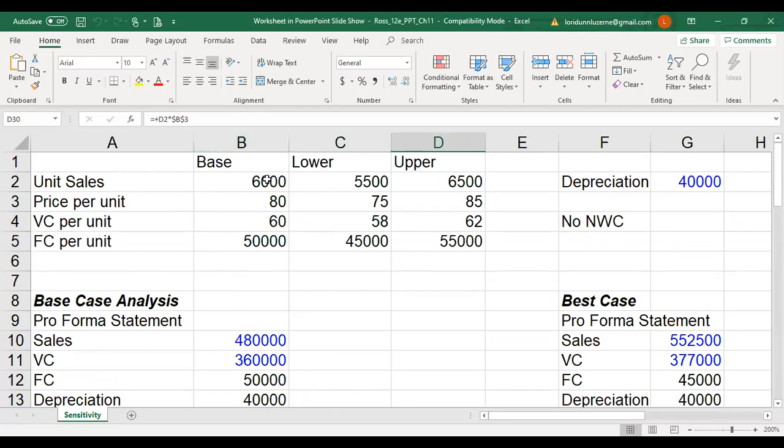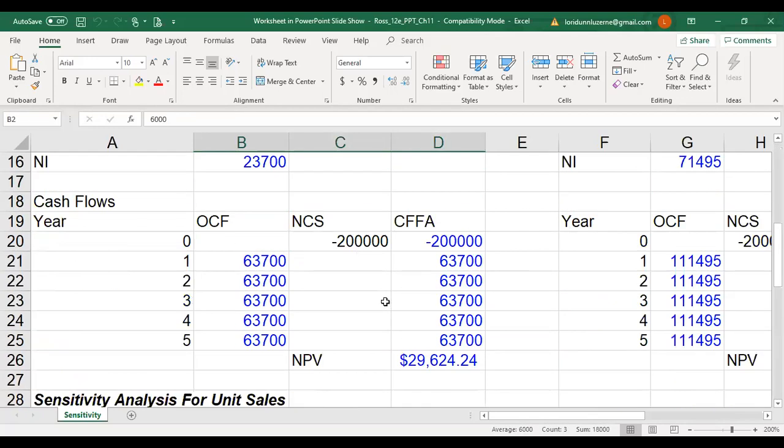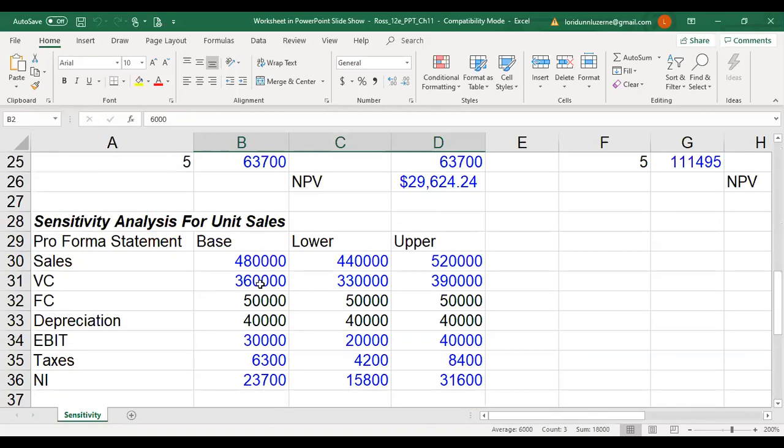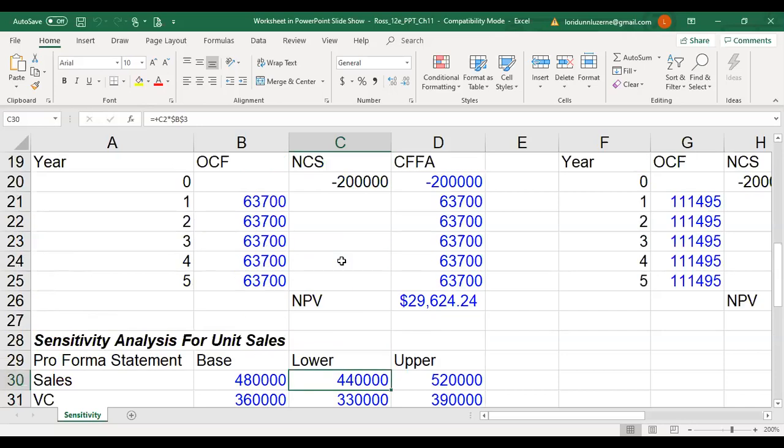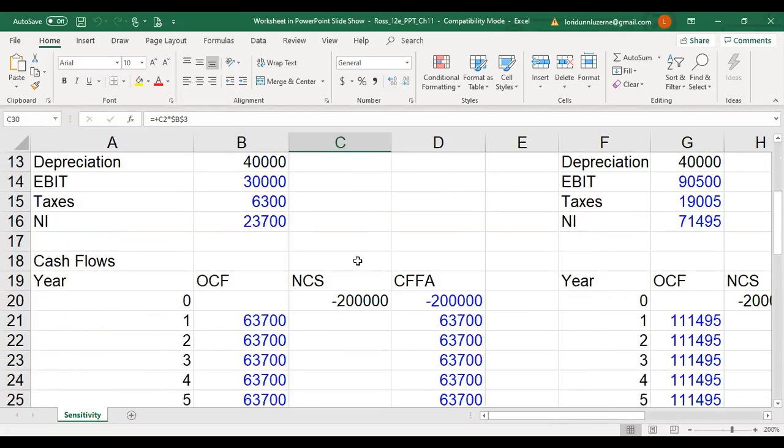So we focus on this. We're going to leave all these variables the same. We're changing the number of sales. So that will impact our sale price and our variable costs, because the number of units for the worst case would be 5,500 times the $80.